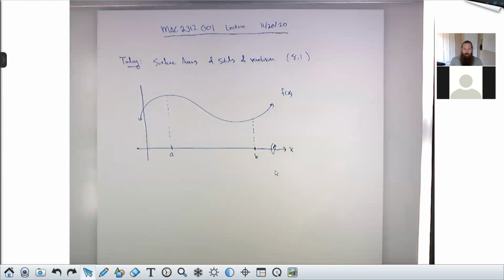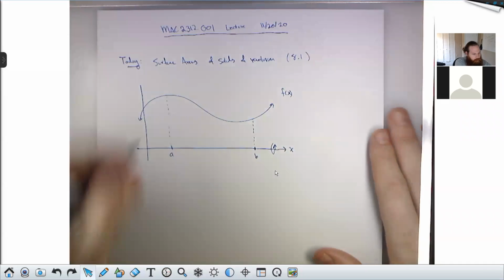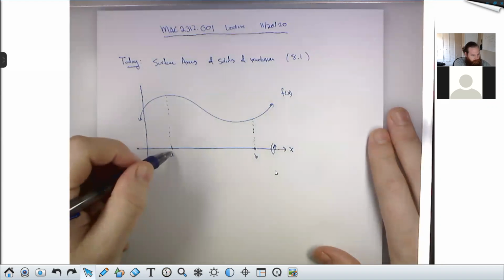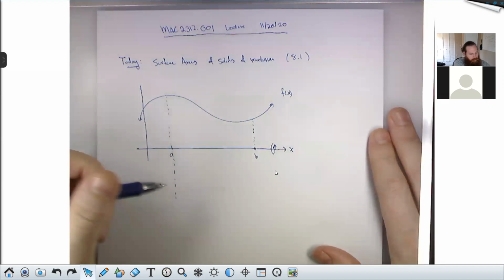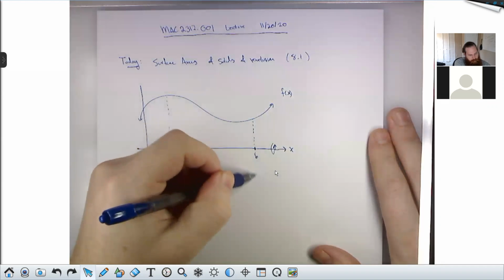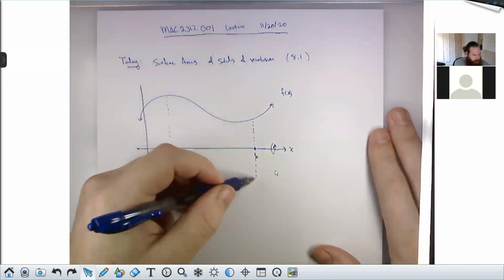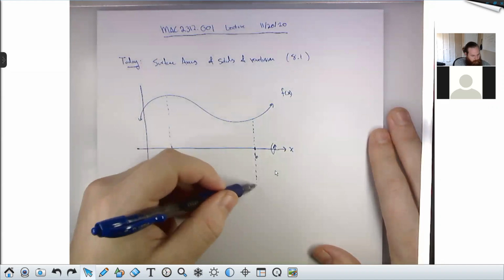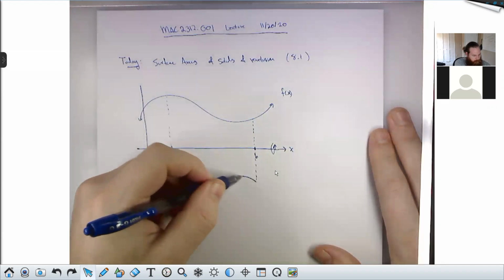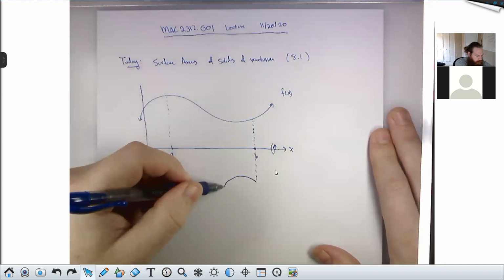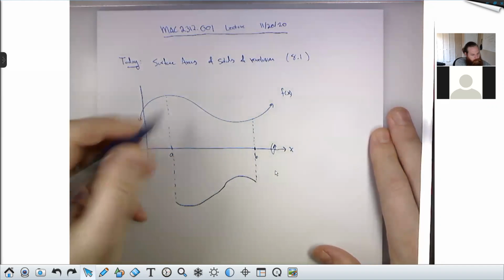This generates a solid, right? In this case, it's going to generate a solid that kind of looks like this.